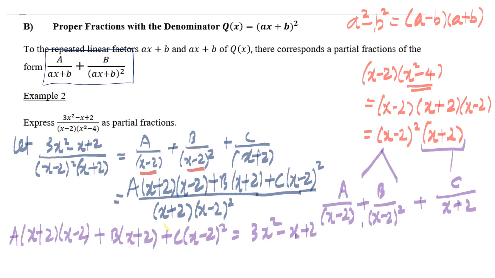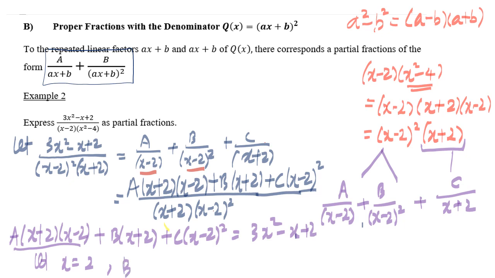Okay, so we're going to use the substitution method to find the constants a, b, c. So the first one, I'm going to let x equal to 2, because when I let x equal to 2, I can eliminate constant c. I can also eliminate constant a. All right, so this guy will be gone.